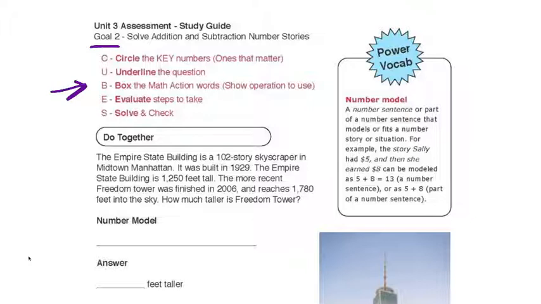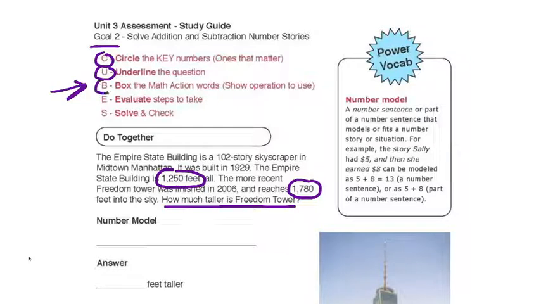Okay, the numbers that matter would be the numbers that are talking about height. So we've got 1,250 feet and 1,780 feet. So that's the C. Let's do the U for underline. The question is, how much taller is Freedom Tower?